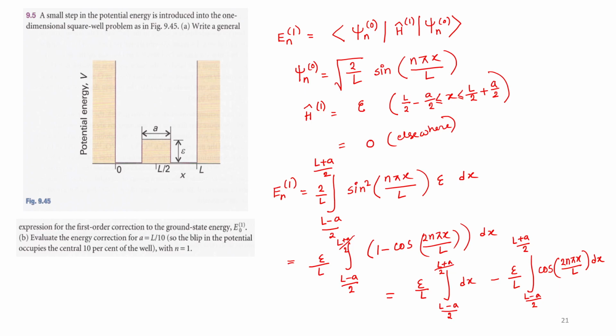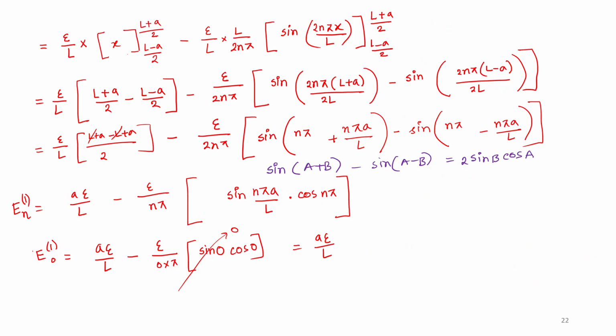Yeah, that is actually, I also didn't think about that. But see the question. The ground state energy, the correction is E01. See, I was thinking like it's sine 0, 0 by 0, this is undefined, right?